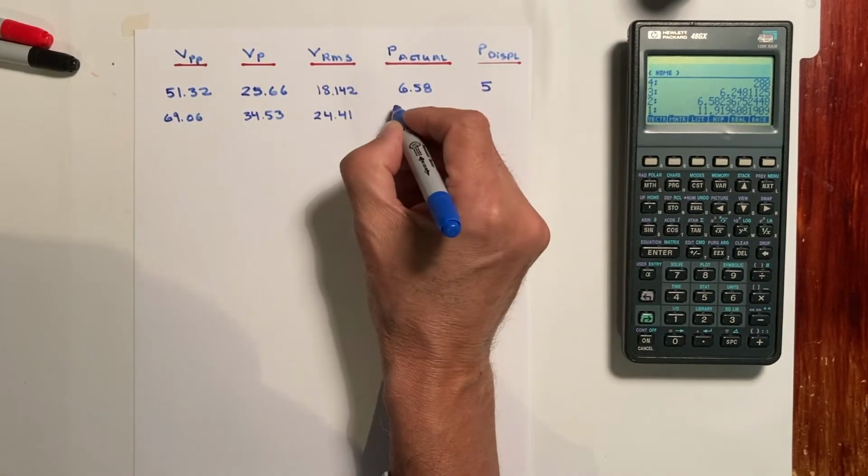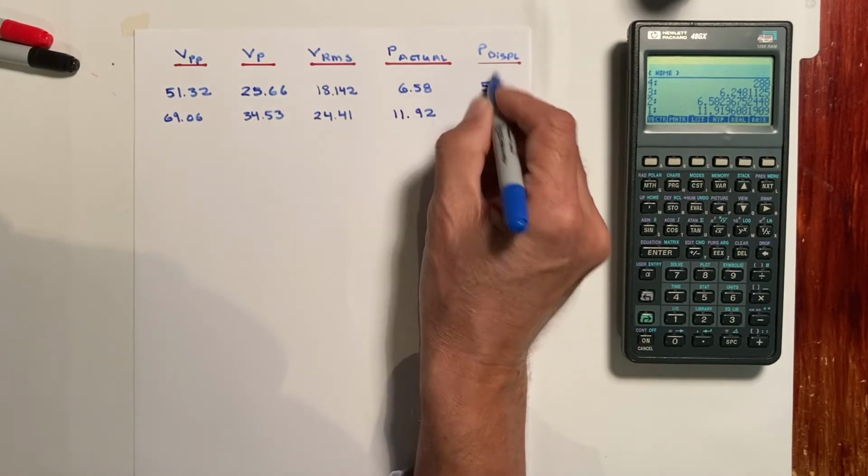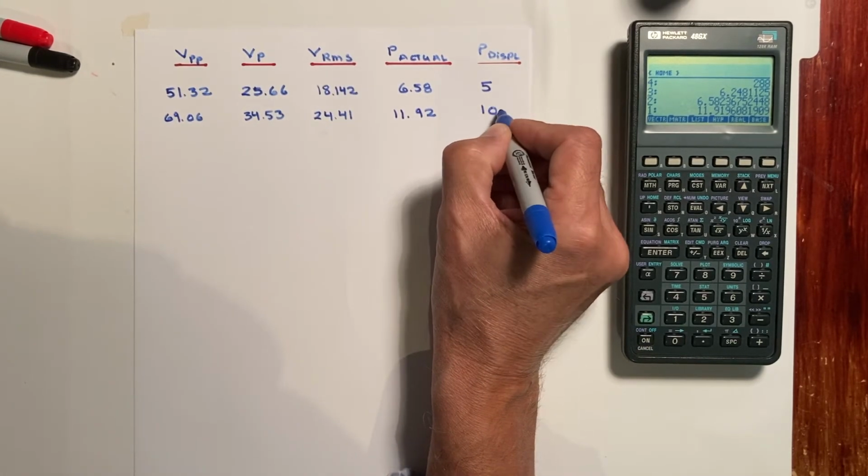So we get 11.92. And again, our P displayed, we saw that to be 10 watts.